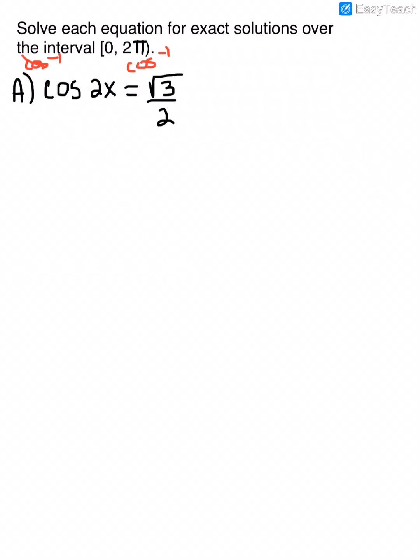the cosine inverse and cosine cancel, and I'm left with 2x is equal to cosine inverse of square root of 3 over 2. So we're down to looking for the values or the angles where cosine is square root of 3 over 2.